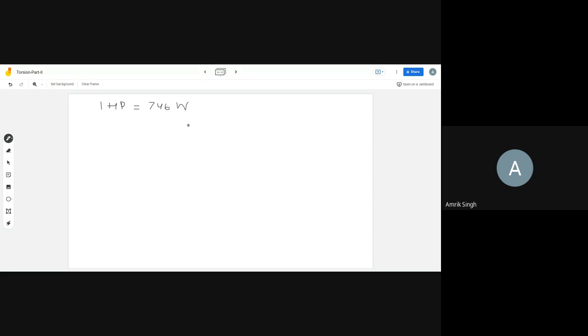This T here is taken as the mean torque, so you have to find the mean torque and use it according to the statement given in the problem. Now before going to the numerical part, we will consider a few more aspects.